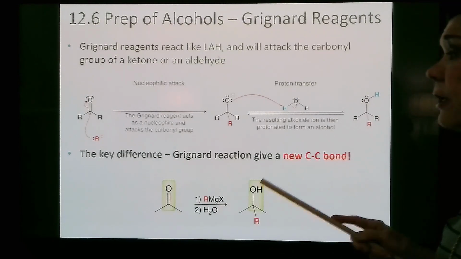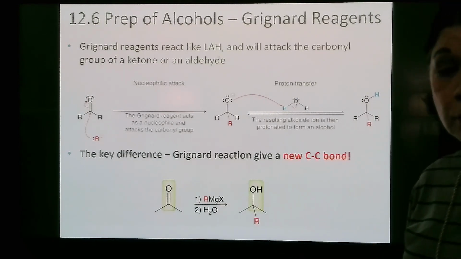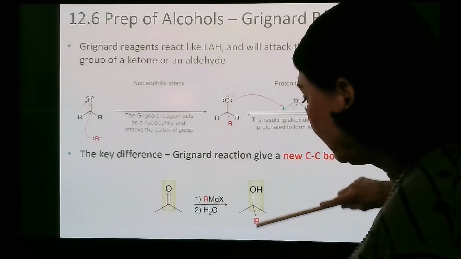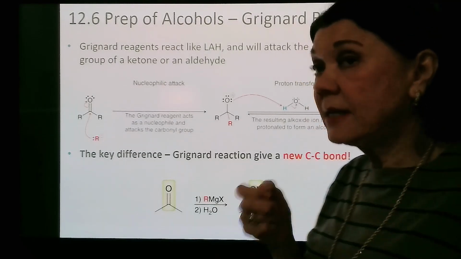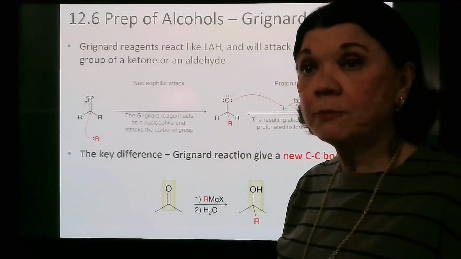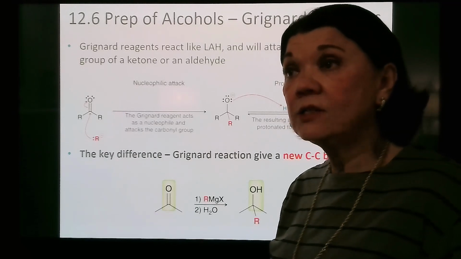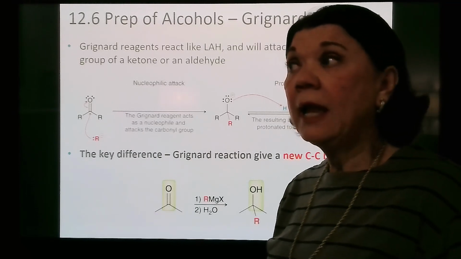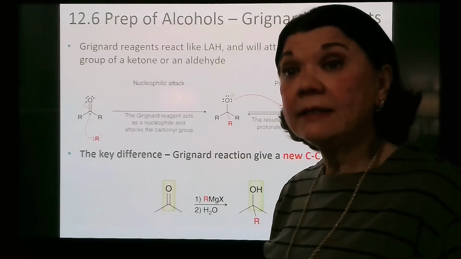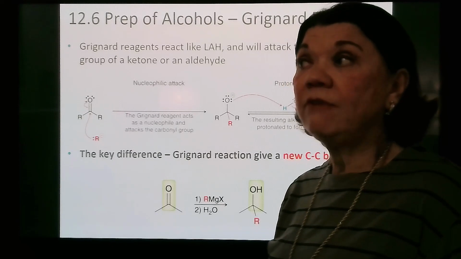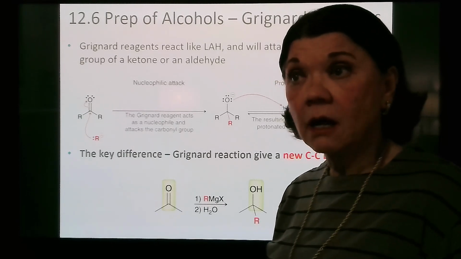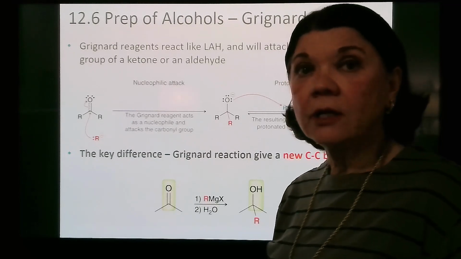So what is different here from all the other syntheses that we've seen is that you form a new carbon-carbon bond. Now remember, I said to you much earlier, probably last chapter, that you have very few ways of forming carbon-carbon bonds, and I would point them out to you. You're only going to have 4 in this course, and you've had only one other one before, and that is when an alkynyl anion attacks an alkyl halide.